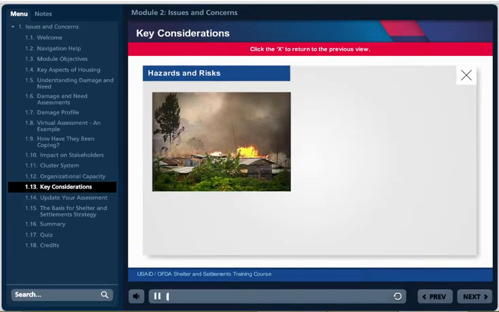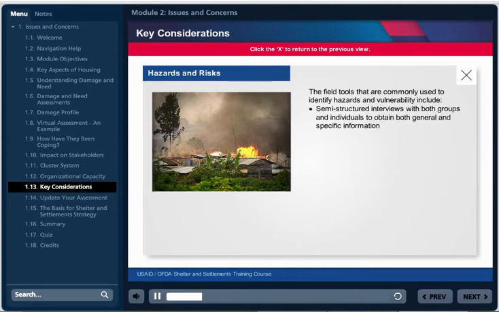What other hazards, in addition to the hazard that caused the disaster, could potentially impact the target population? The field tools that are commonly used to identify hazards and vulnerability include semi-structured interviews with both groups and individuals to obtain both general and specific information on hazards, impacts, vulnerabilities, capacities, community perceptions, underlying causes, hazard interactions, and ideas on appropriate DRR measures.